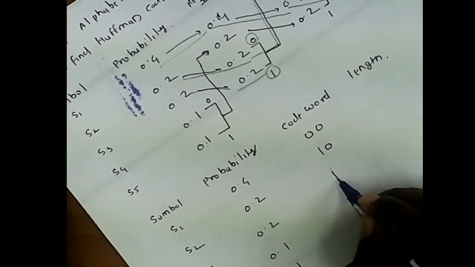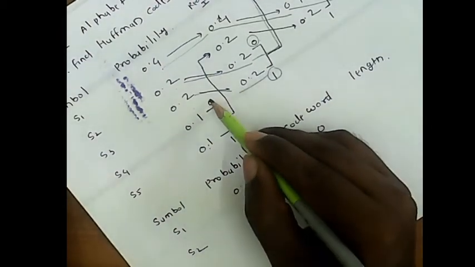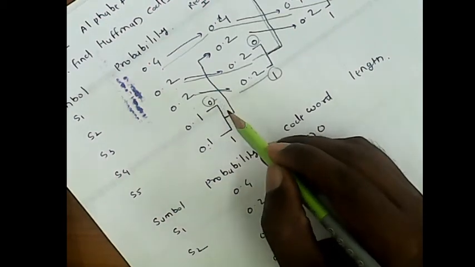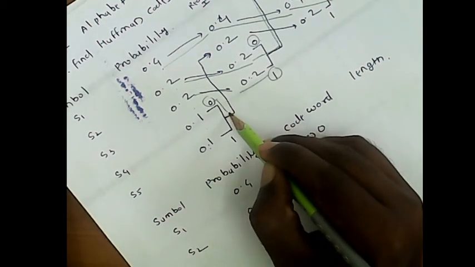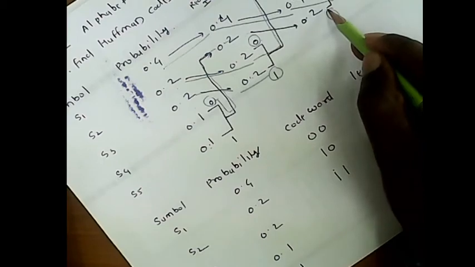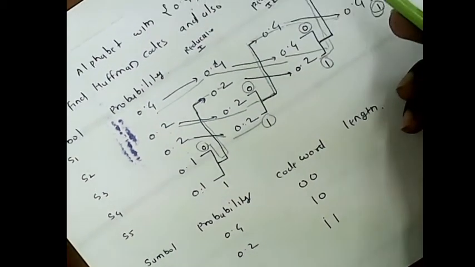To find the code for the S4 symbol having probability 0.1, we go in the forward direction. First code 0, then we go here, then we get this code, again this will be here.